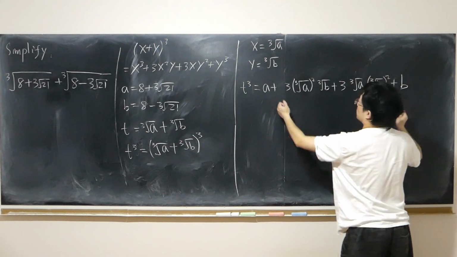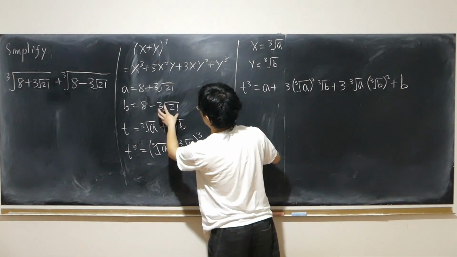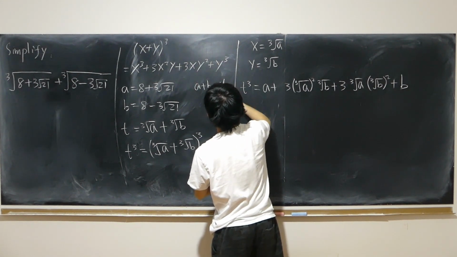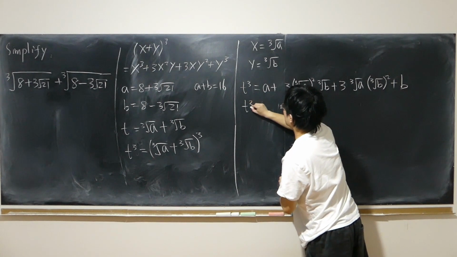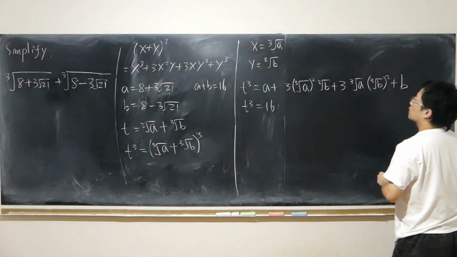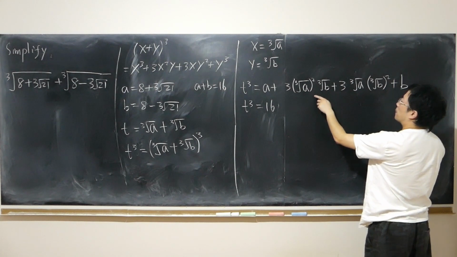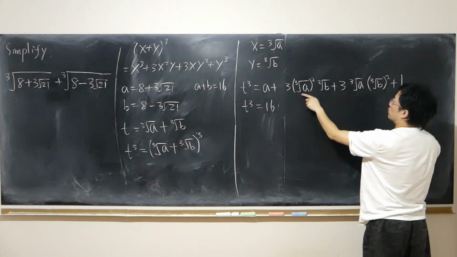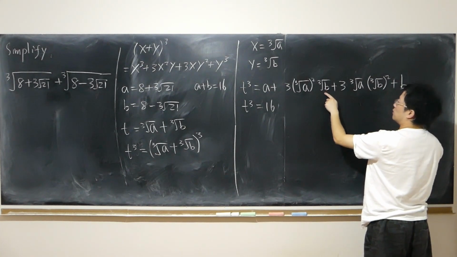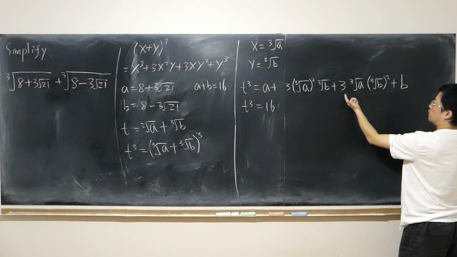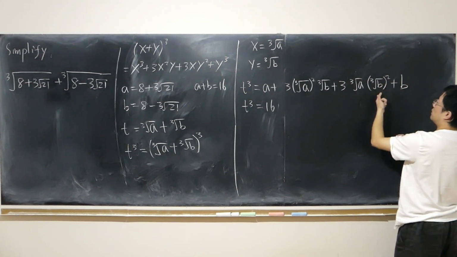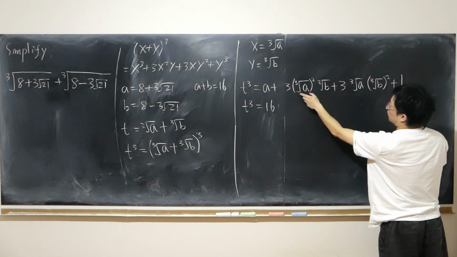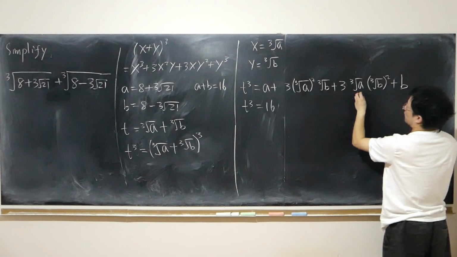So this way a plus b equals what? A plus b happens to be 16, right? So t cubed equals 16 plus, here is a common factor, 3 times cubic root of a, cubic root of b, because they both have it. One term has one of them, the other has one of them too.